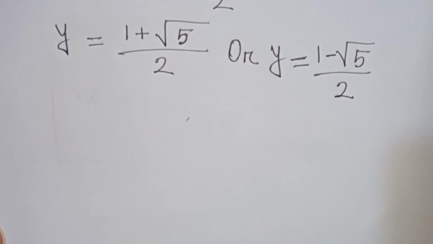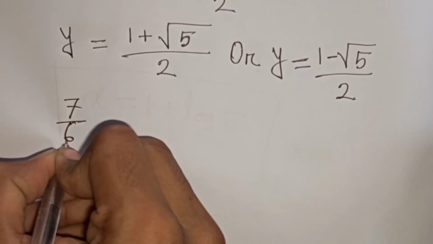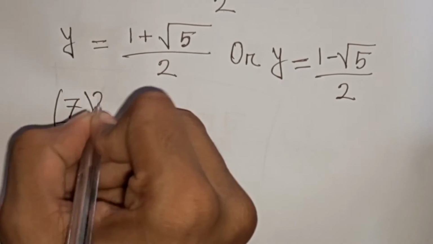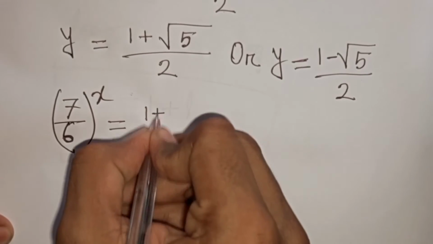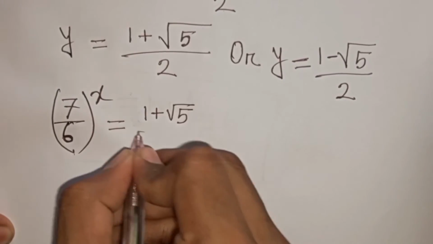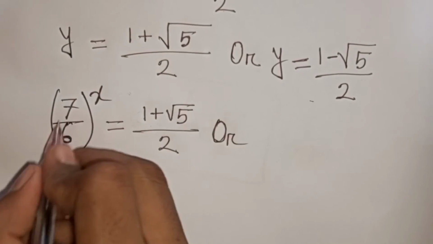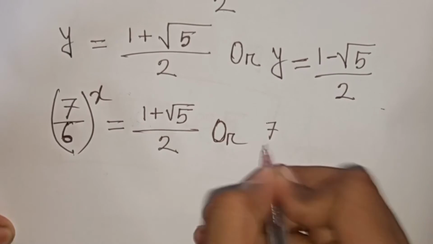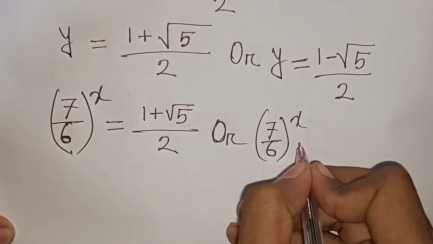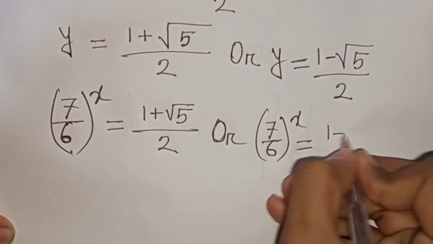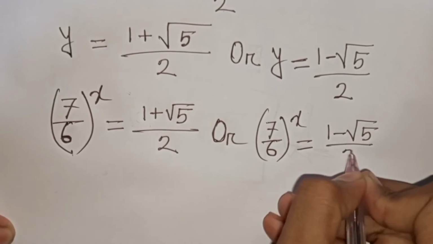So 7 over 6 bracket power x is equal to 1 plus a square root of 5 divided by 2, or 7 over 6 bracket power x is equal to 1 minus a square root of 5 divided by 2.